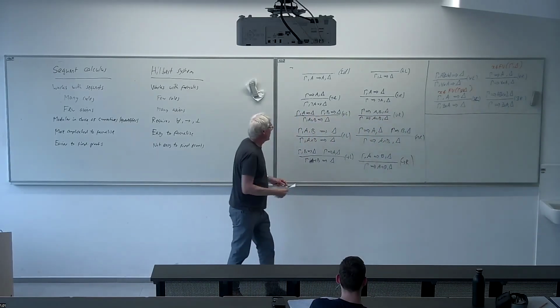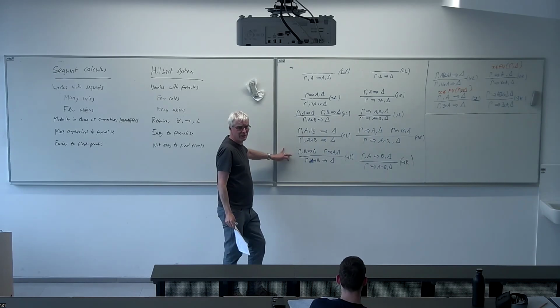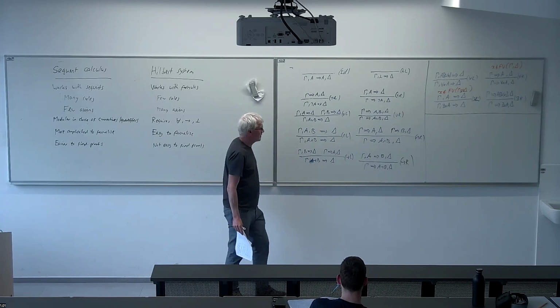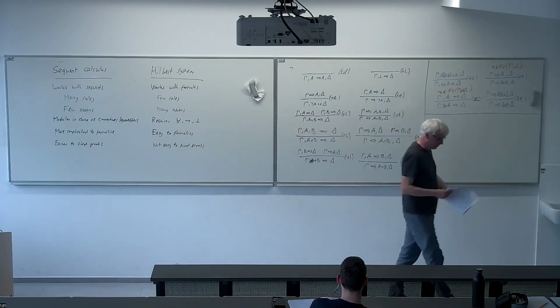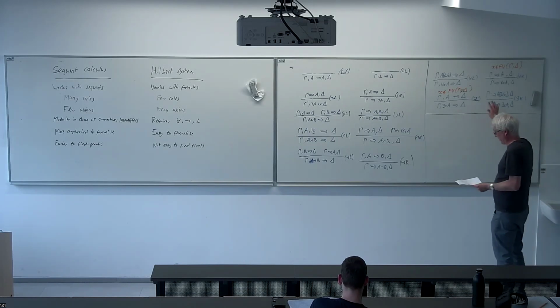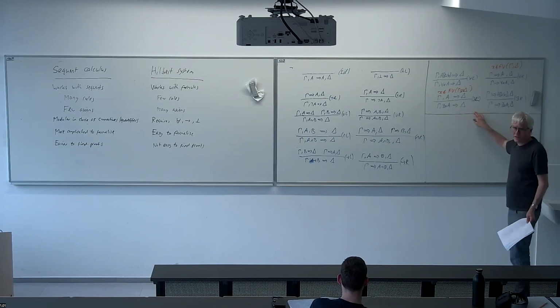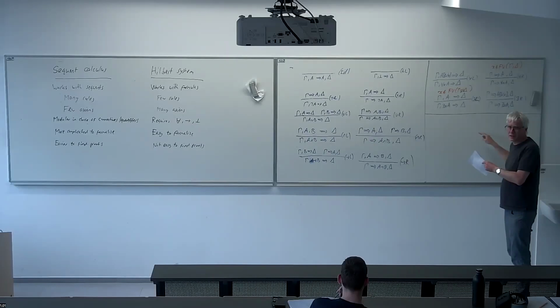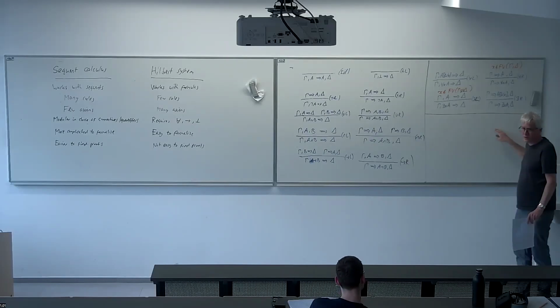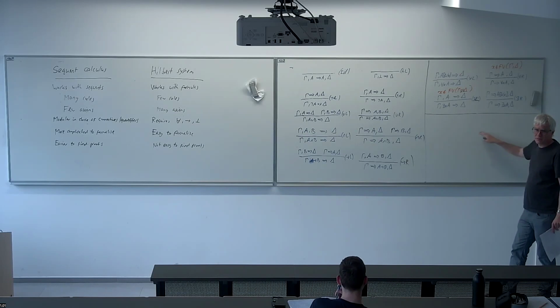Firstly, this course so far has been about first order logic with equality. So how do we deal with equality? Well, in the Hilbert system, we had some axioms. In the sequent system, and this is much less well known than the main sequent system, one can deal with equality in a very similar way, in that you have two rules, one for deriving equality formulas on the right of a sequent, and one for deriving equality formulas on the left of a sequent.